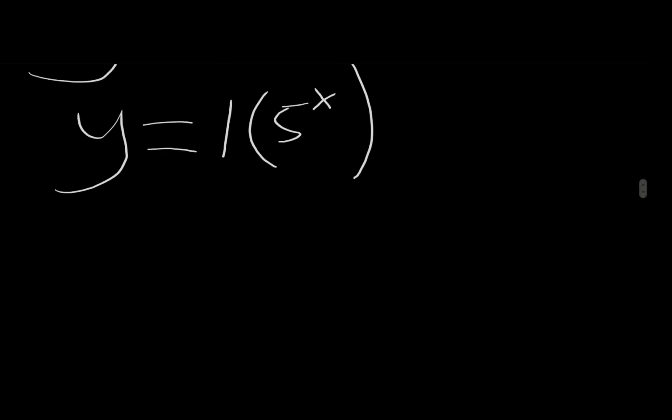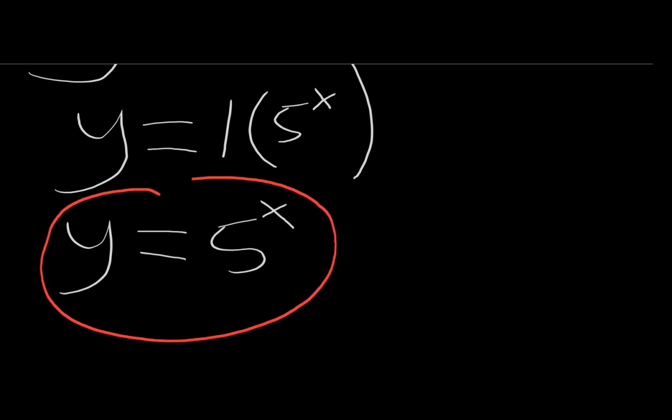Now, clearly, 1 times any number is the same as that number. So I have y is equal to 5 exponent x, and this is the rule for the mapping above.